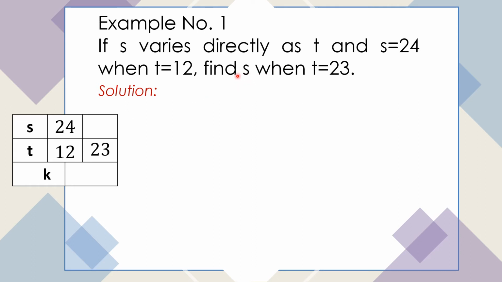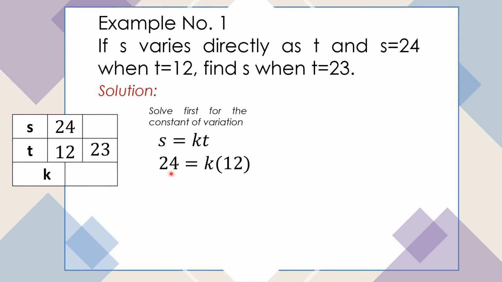Another one is T is 23, hanapin daw natin yung S. Una natin gagawin para mahanap yung S, we're going to find first the value of the constant variation. Para makuha yan, ilagay natin to sa equation, S varies directly as T, that is S equals KT. Then, substitute natin yung first pair ng 2 value, 24 at 12.